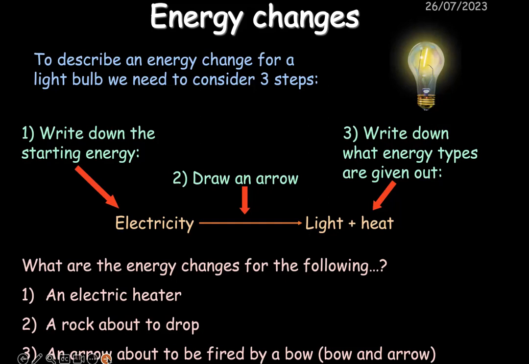Now of course, with a rock about to drop, the work is actually being done by the Earth's gravitational field. So I would like some clarity on that myself as to what is the energy pathway in that energy transfer. For the third one, it is of course a mechanical system where the bow and arrow is a kind of machine.